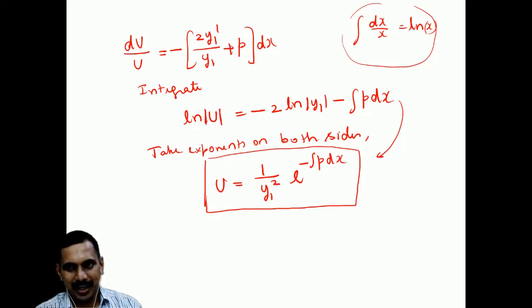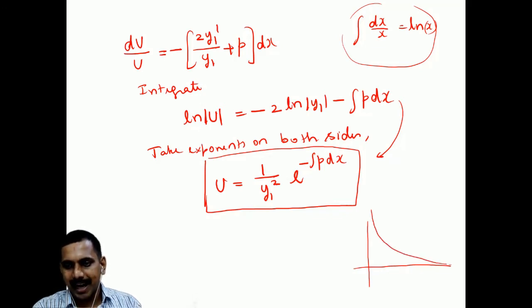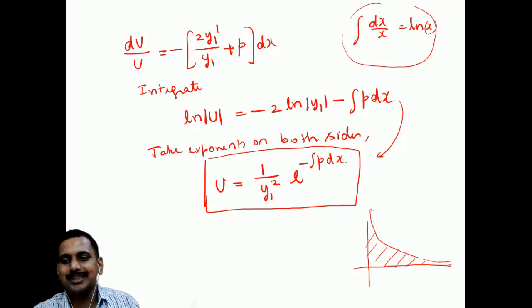If you take the 1 by x function, it comes like this. If I integrate below this, integrate means the area below this, is it not? The area below this will come always as log x.